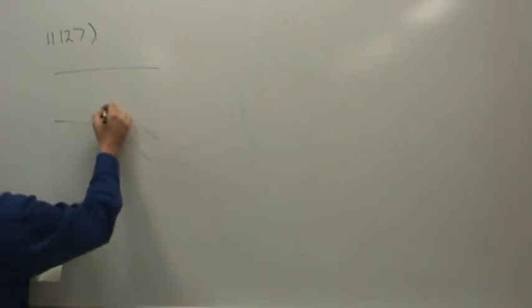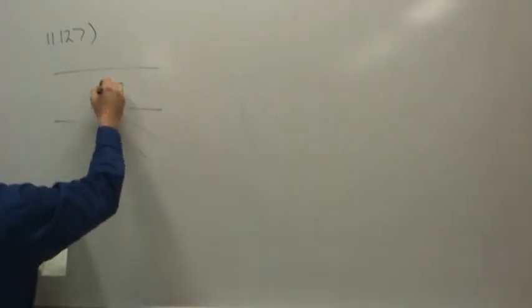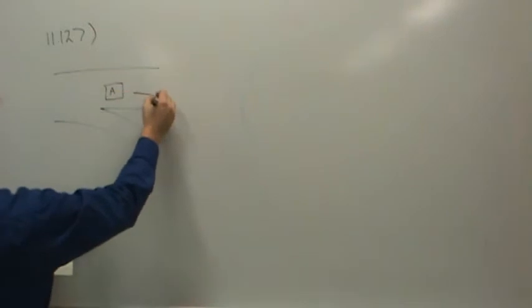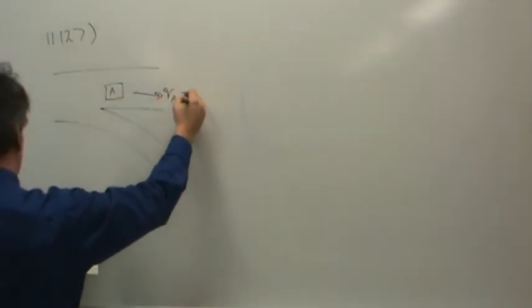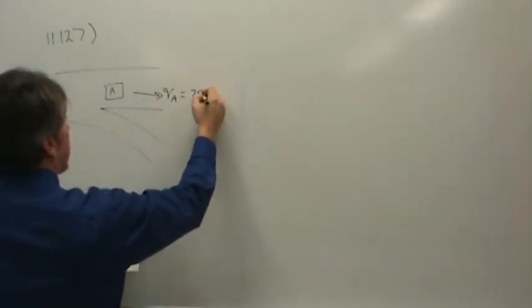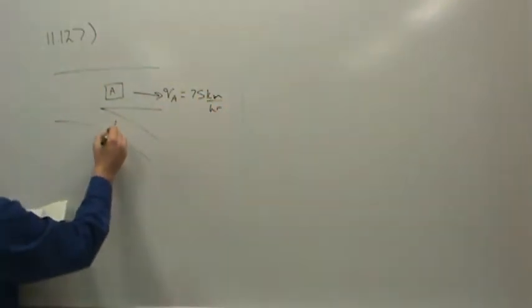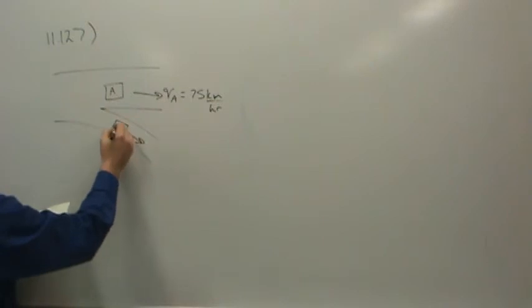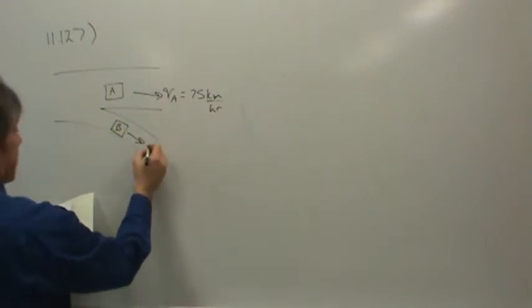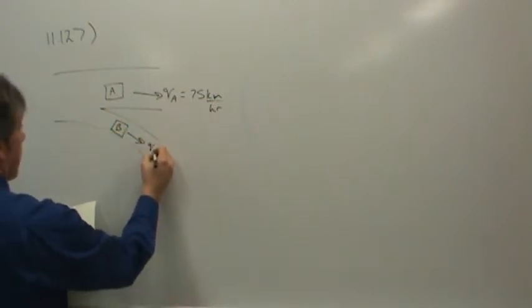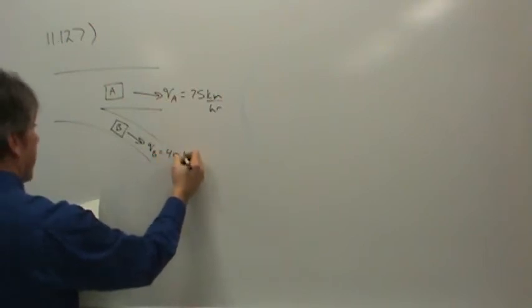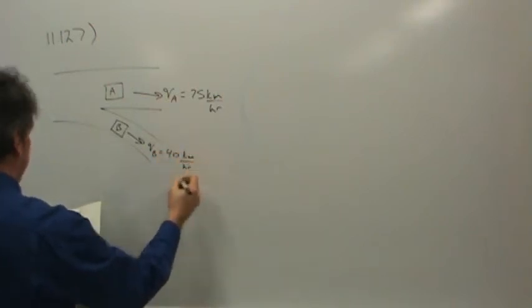Okay, so here's a sketch of what's going on. Here's automobile A. Its velocity is in this direction. We're told that it's 75 kilometers per hour. And B is taking the exit and right now has a velocity of 40 kilometers per hour.